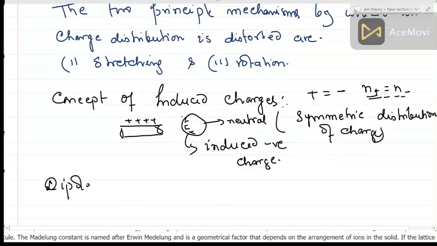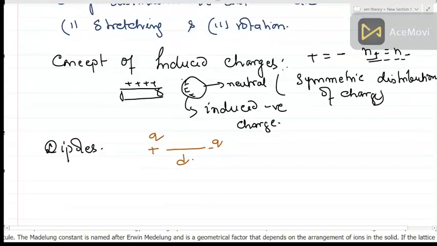Now what happens in a dielectric material? The next concept that is important is dipoles. I am sure you know that if you have a positive charge and a negative charge of the same magnitude q, separated by a distance d, this is a dipole, and this is a fundamental quantity when you are studying electromagnetic theory. We will see the importance of dipoles later on in this section.